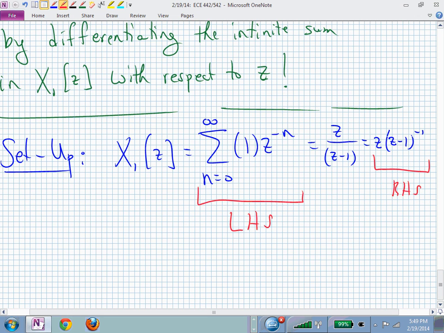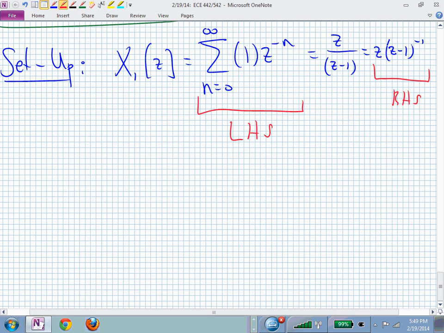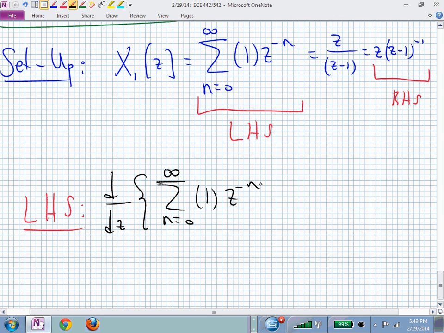Let's look at the left-hand side first. Here's our left-hand side, and we want to differentiate that with respect to z, which is this sum from n equals 0 to infinity of 1 times z to the minus n.